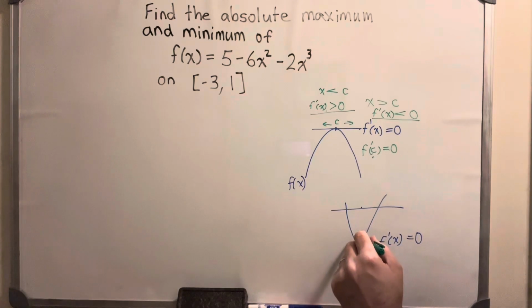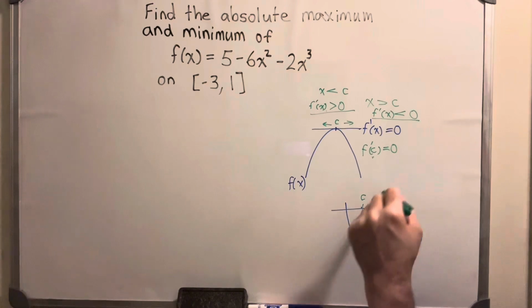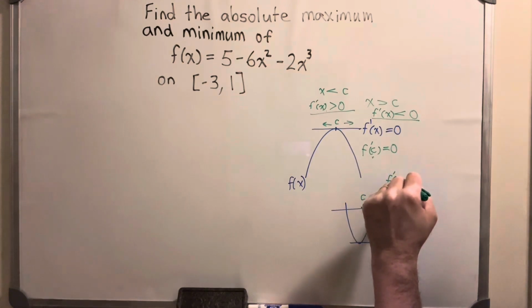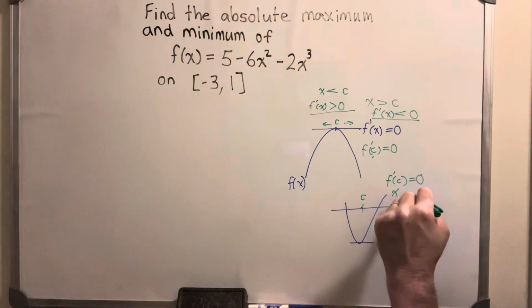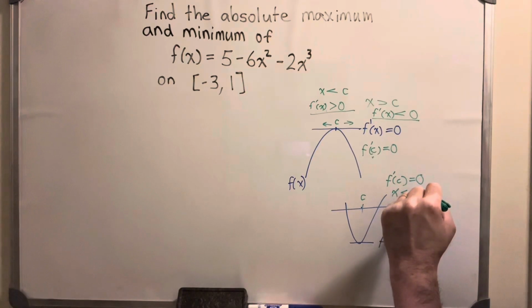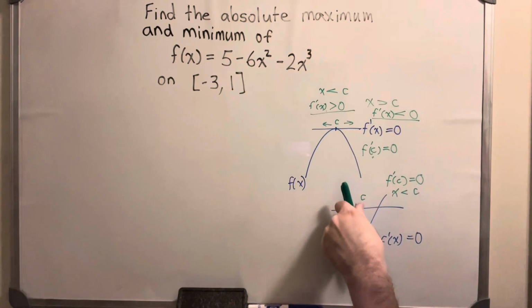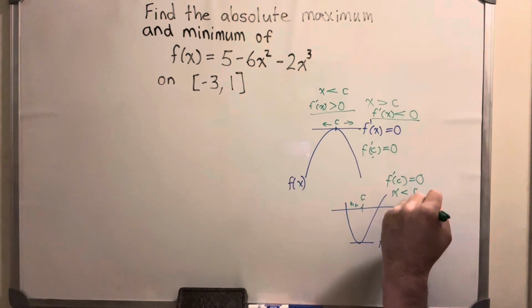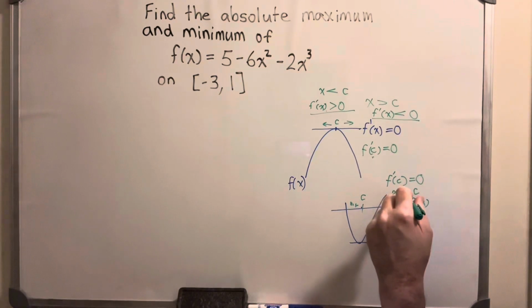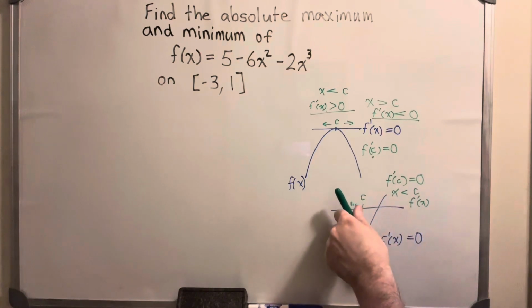Now, looking over here, if this point were called C, and if we found that f prime of C were equal to 0, for x values less than C, what is the slope? What is the value of the derivative function for values of x less than C in the neighborhood of C? Is it greater than 0 or less than 0?